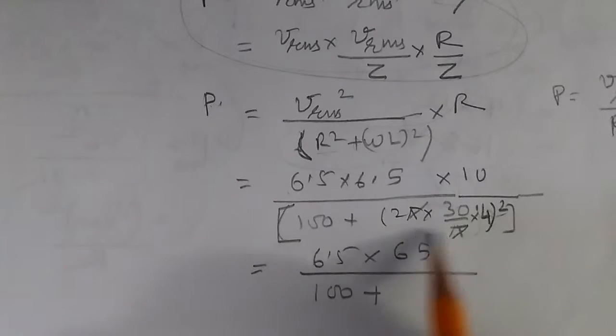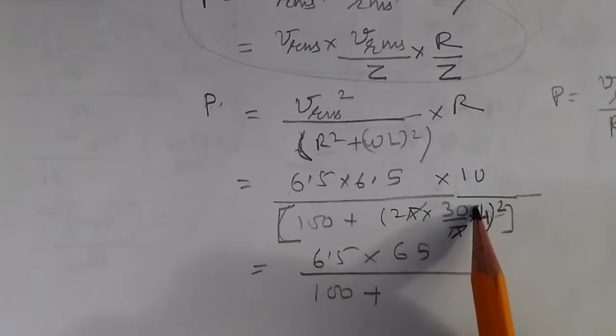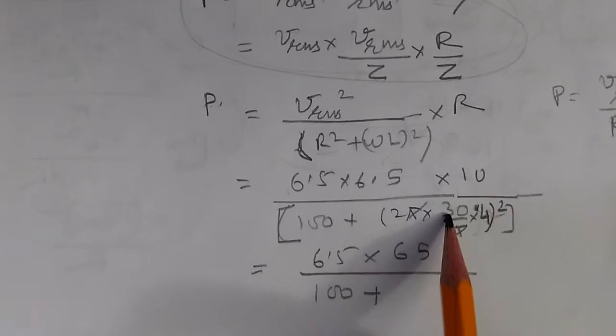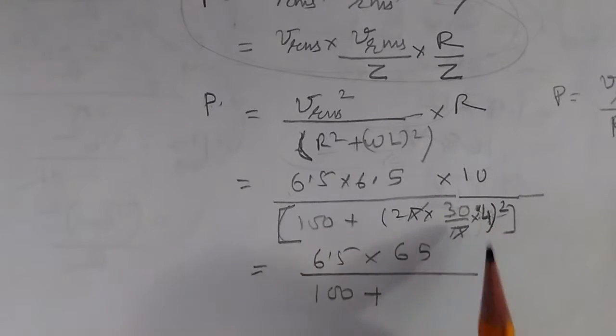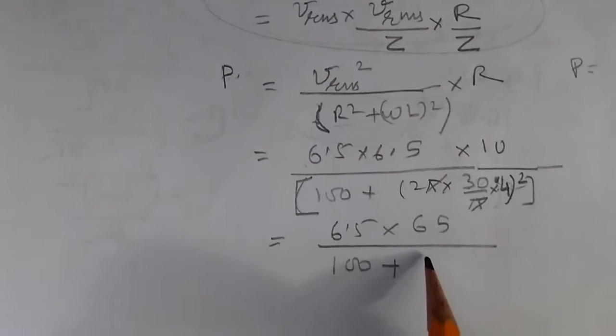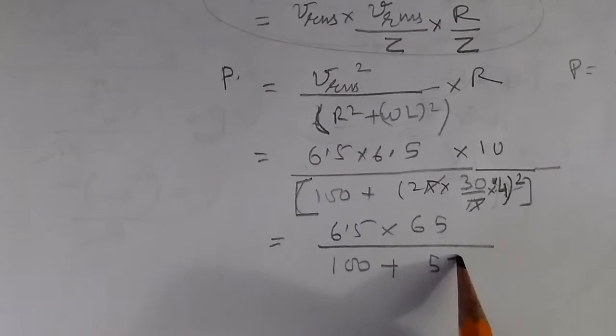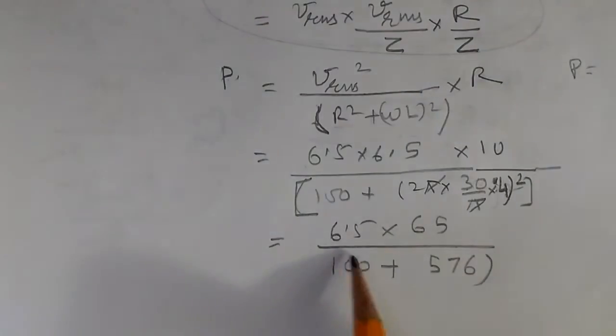So pi cancels. 0.4 into 30 gives 12, and 2 into 12 gives 24, so 24 square is 576.